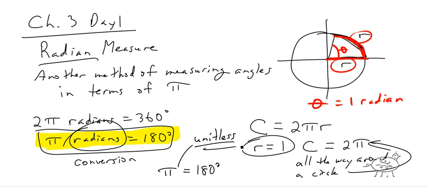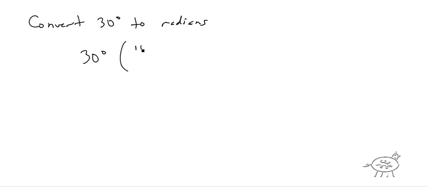All right, so let's do some conversions here. If I want to convert 30 degrees to radians, we're going to use our dimensional analysis, remember the thing you learn in chemistry that makes you sound super smart? I'm going to say 30 degrees times pi radians per 180 degrees.